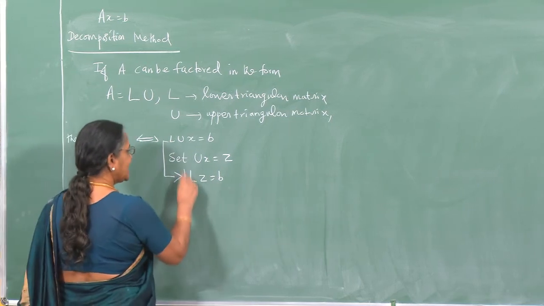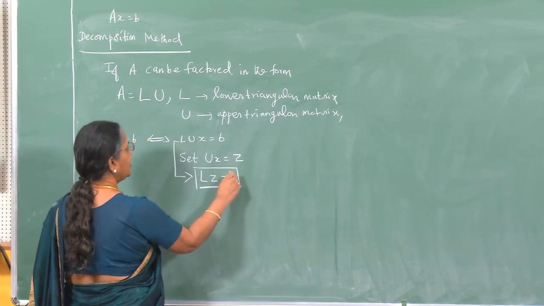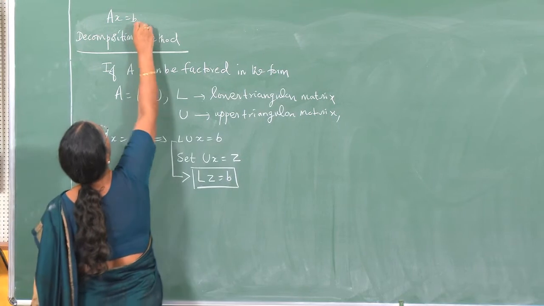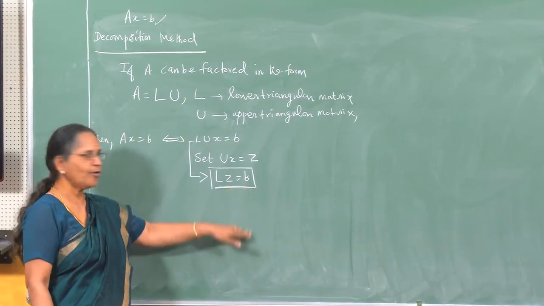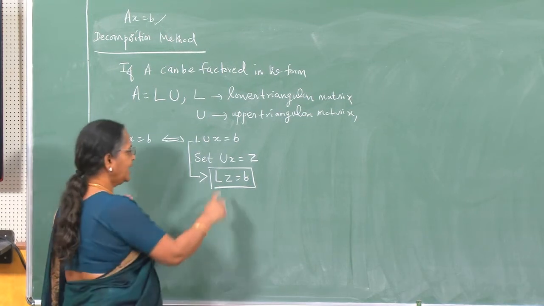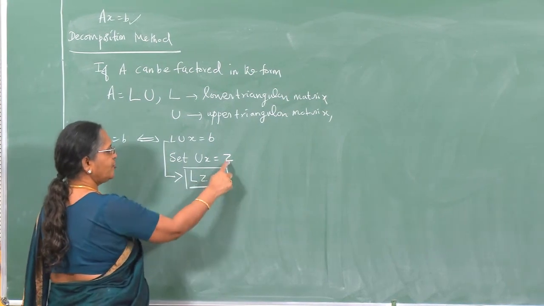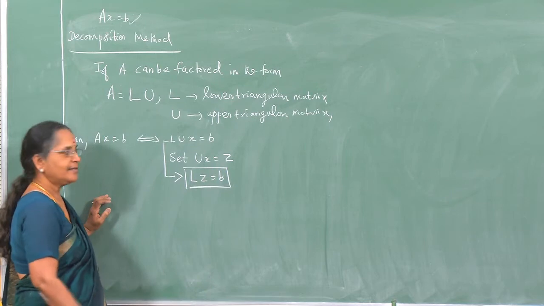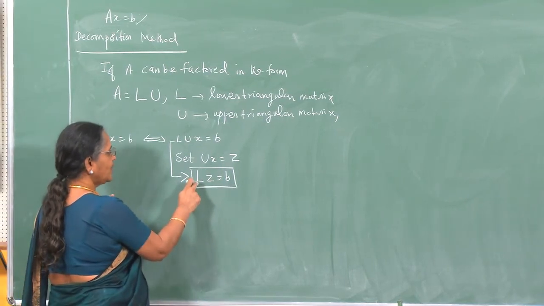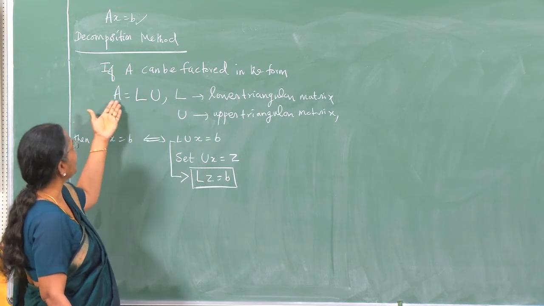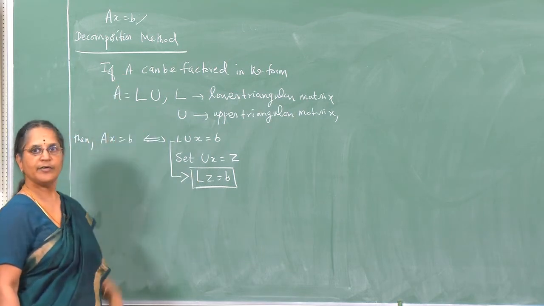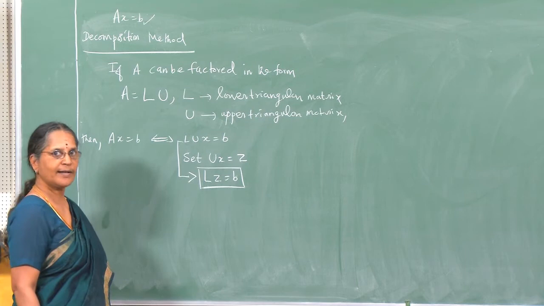In this Lz = B, we know what B is because we have been given the system Ax = B. So, the right hand side is a known vector and Z is an unknown. I do not know what Z is, but L is a lower triangular matrix because we have been able to factor A in the form LU, where L is lower triangular.